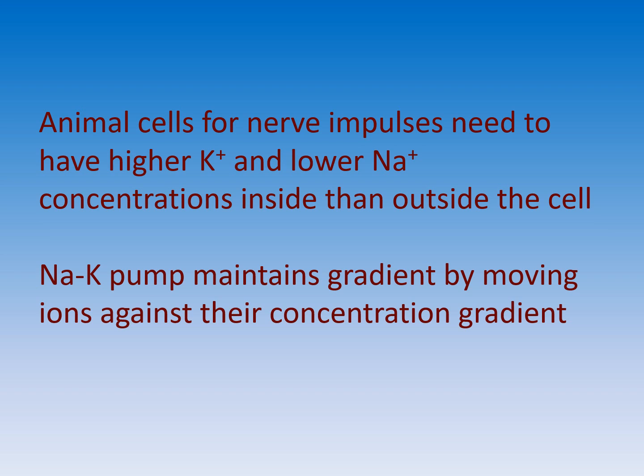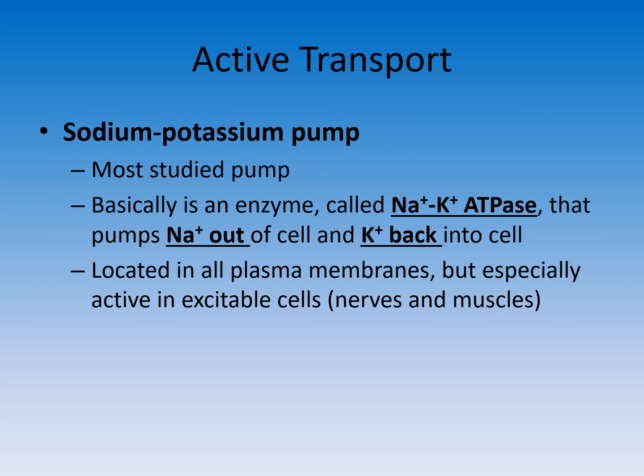And so what happens is the cells have what we call a sodium-potassium pump, whose main purpose is to help keep this gradient. We have studied this extensively. We know everything about it and how it works. The sodium-potassium pump, basically it's an enzyme.